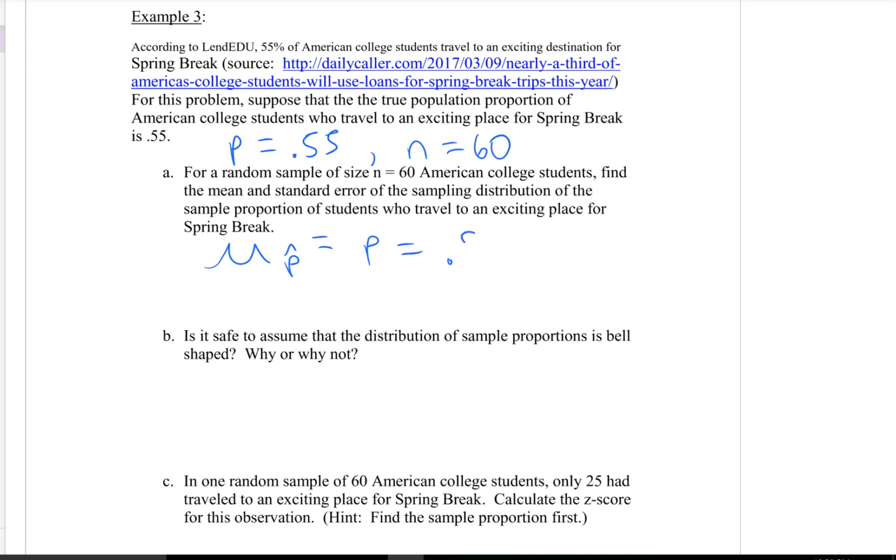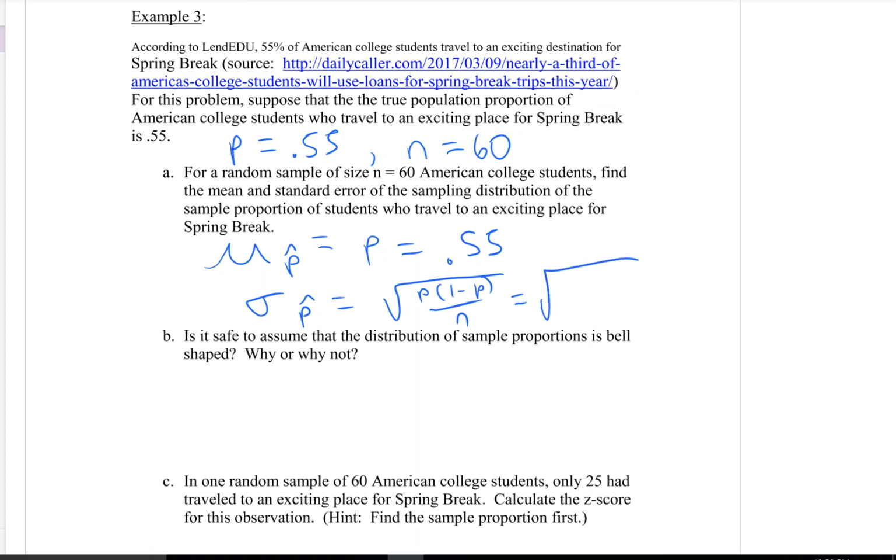So 0.55. Now, the standard error of the sampling distribution of the sample proportion is the square root of p times 1 minus p over n.